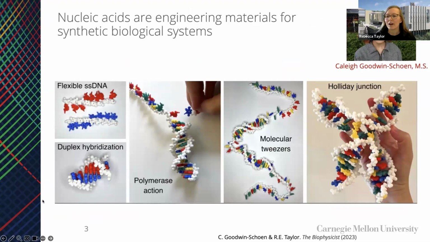Cool. So as a mechanical engineer, a card-carrying engineer, I want to start by saying that nucleic acids are very much engineering materials. And it's a good framework, I think, to introduce people to this topic because they're often predictable, in a boring way, in a good way.